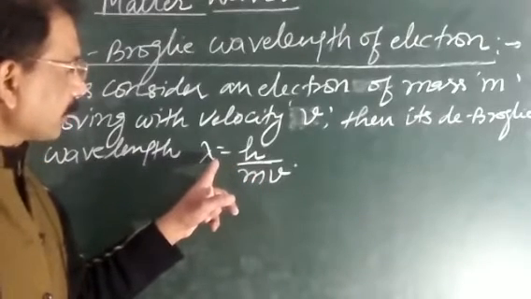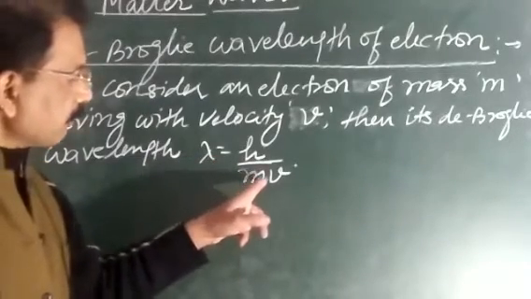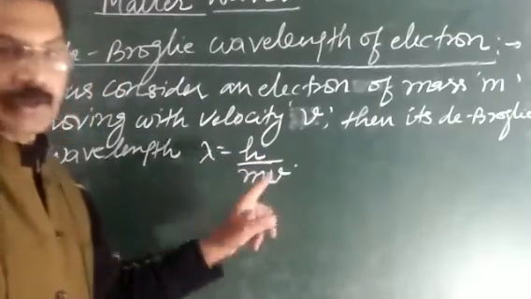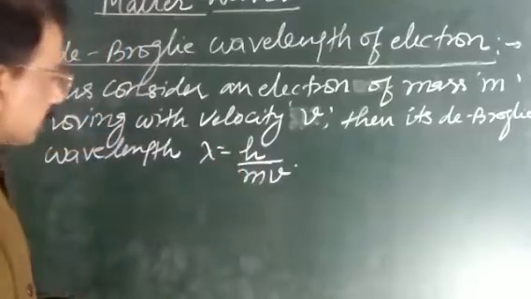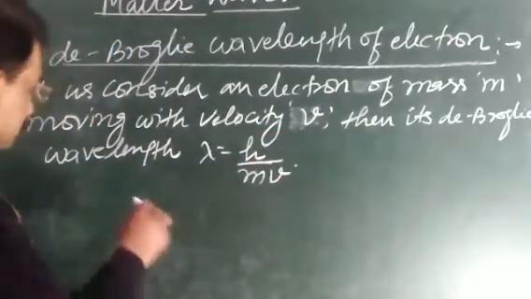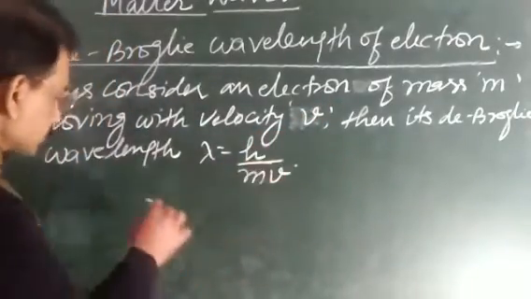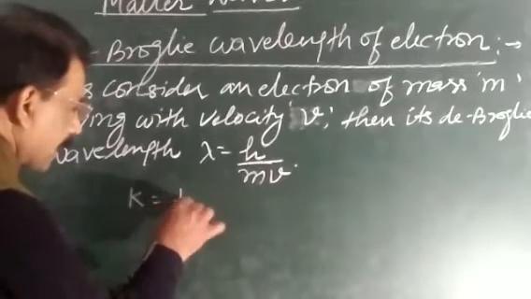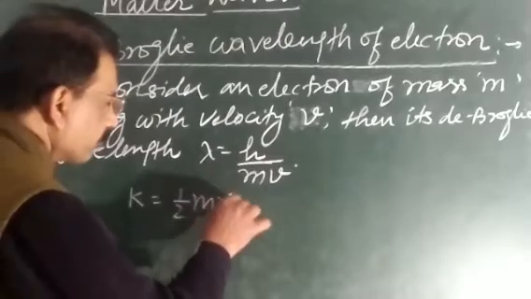The wavelength associated with a particle of mass m moving with velocity v is given by lambda equals h upon mv. And if the mass is m and velocity v, then the kinetic energy K of that particle is given by half mv square.